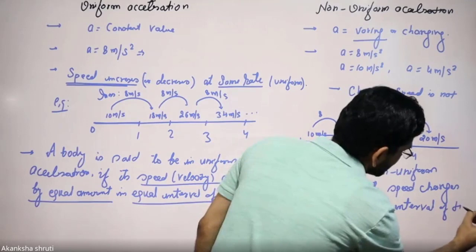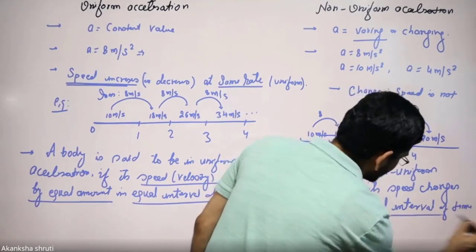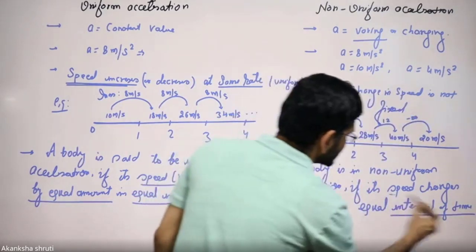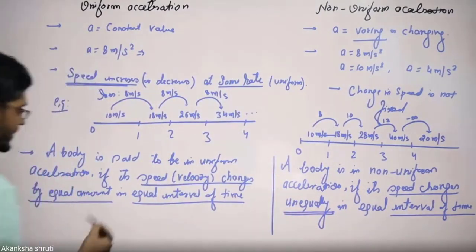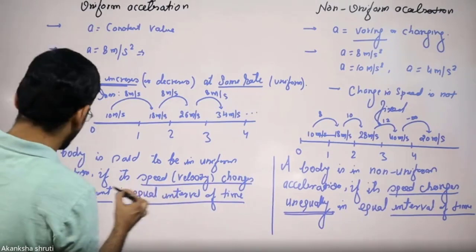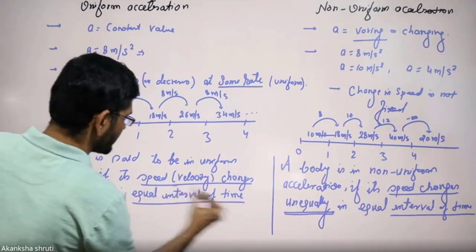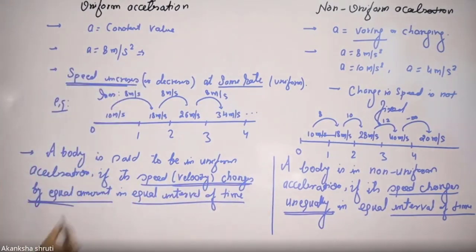This we have to keep in mind, student. So the time interval is always equal, but here the change in speed is unequal. But in uniform acceleration, the velocity change is always equal.